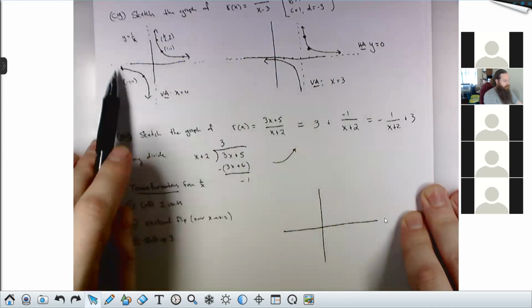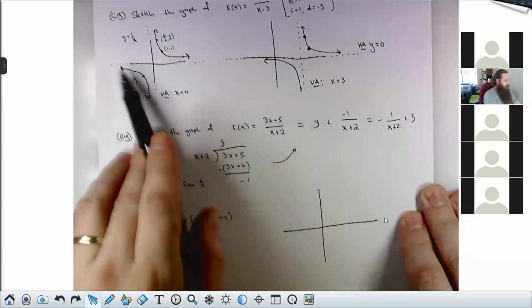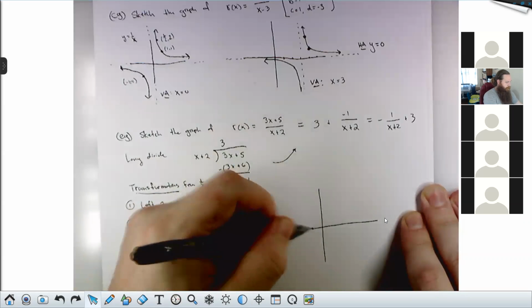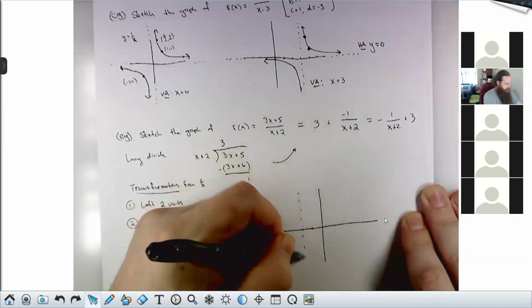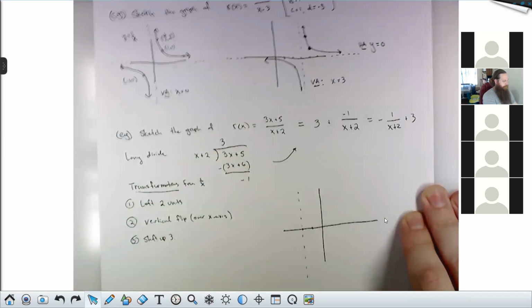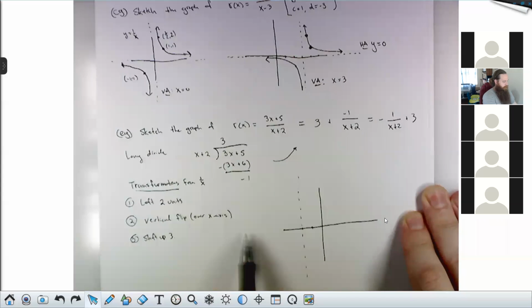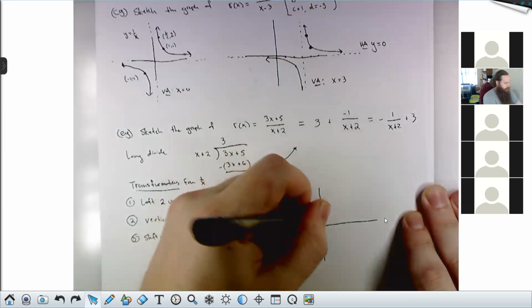Here's 1 over x. If I shift to the left 2 units, my vertical asymptote will become the line x equals -2. And this would be the graph with just that horizontal shift. When I flip things over, that branch will come up here and the branch on the right will come down here. And then I bring everything up 3 units.